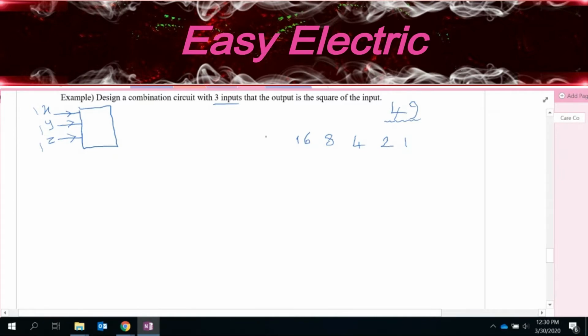So then I need to go 1 more. If I have 1 more, which is 6 bits, I have 32. So definitely 32 plus 16, I have 48, plus 1, 49. So definitely 6 bits is enough to represent 49.